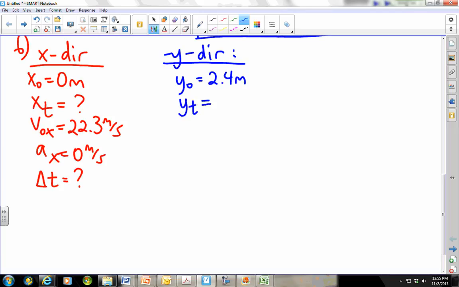This time though, we're saying it's going to hit the court. Okay, sorry, let's take one thing at a time here. We still have our Vy0 is 0 and our acceleration in the y direction.